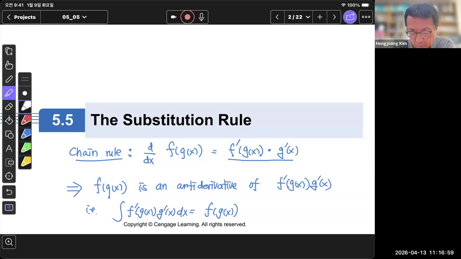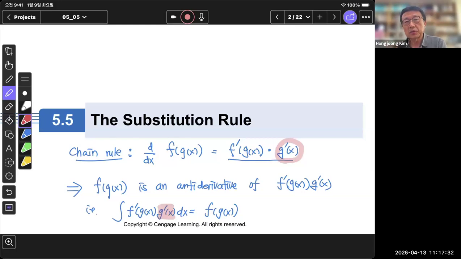And many people forget this g prime of x. And g prime of x is needed, right? Because that was the main result of the chain rule. When I differentiate the composite of F of g of x, you get not only F prime of g of x, but also g prime of x, right?